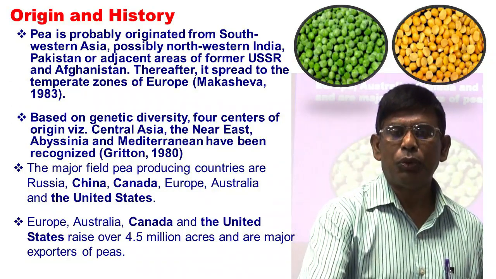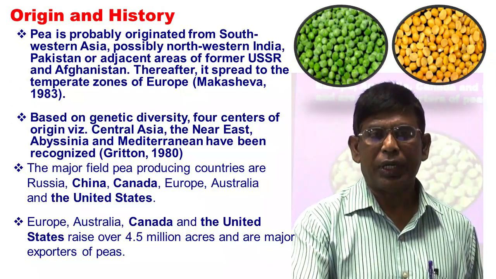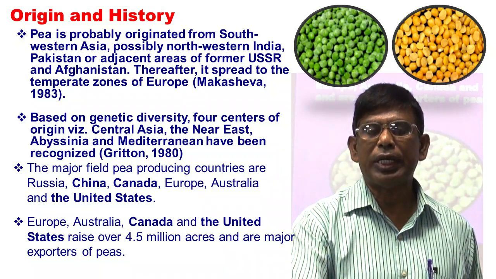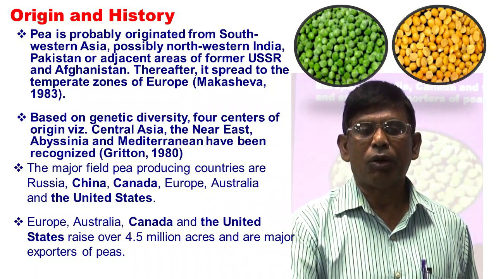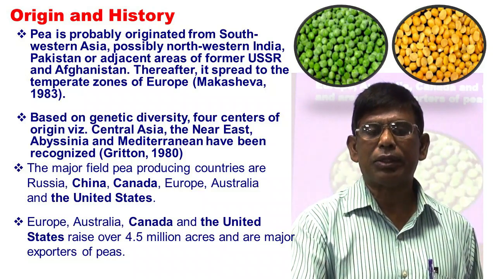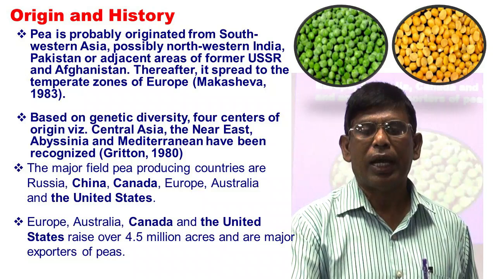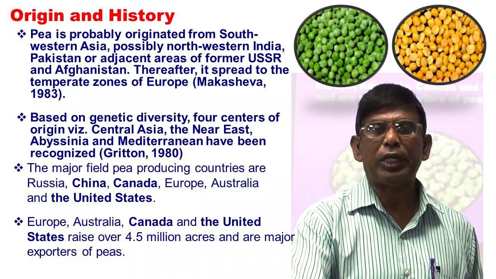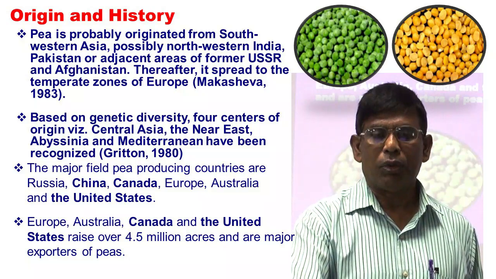Now coming to its origin and history. Pea probably originated from Southwestern Asia, possibly Northwestern India, Pakistan or adjacent areas of former USSR and Afghanistan. Thereafter it spread to temperate zones of Europe.